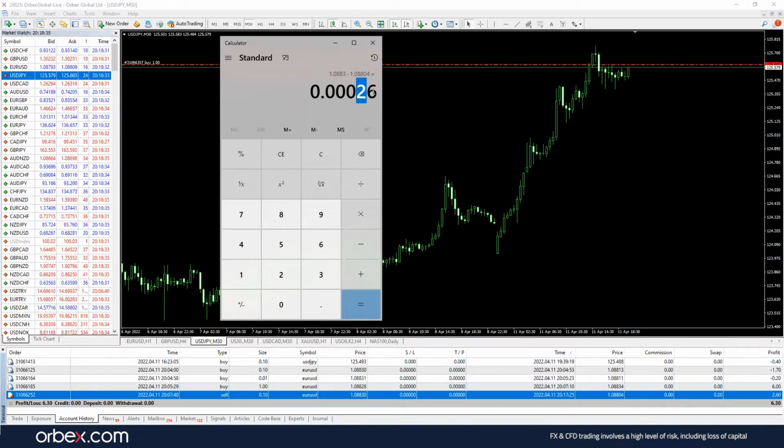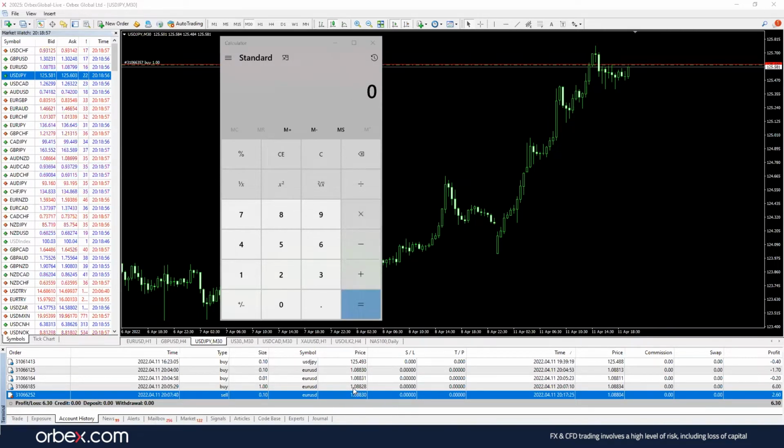So I've got 2.6 pips. So 2.6, multiply that by $10 a pip because it's euro dollar. And then we're multiplying that by the volume, 0.10. So $2.60. And if you see my P&L there, $2.60.